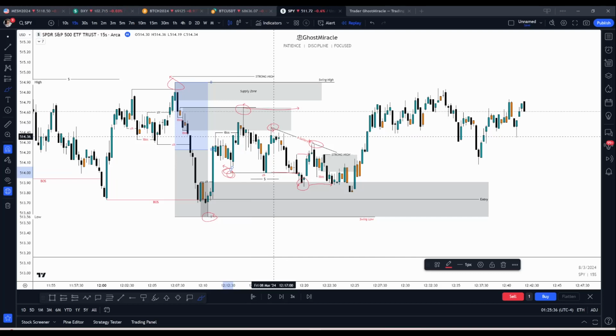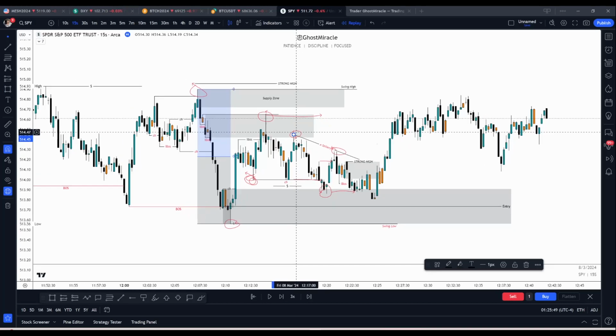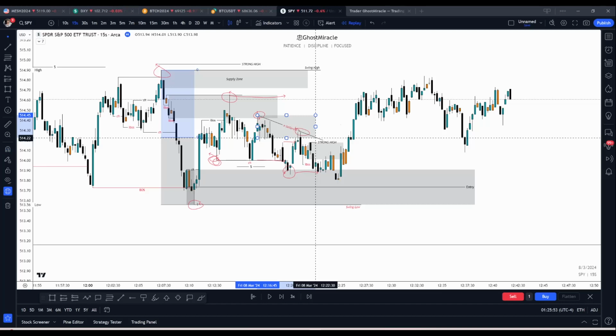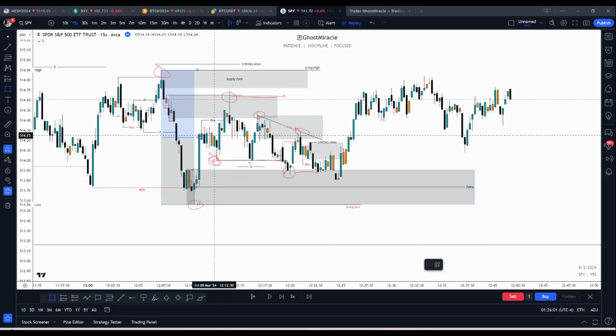Well, yeah, strong high because it broke this overall low. So now this high is protected, which is why price came back into this zone here that mitigated this zone here.